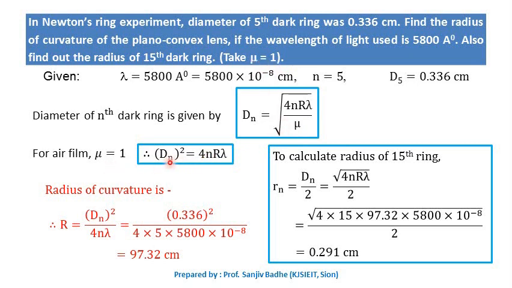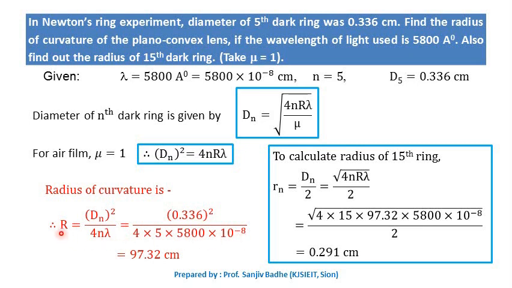So we can write dn square from this relation to be equal to 4 n r lambda. So the radius of curvature of the plano-convex lens can be written from this relation as dn square upon 4 n lambda. All the values are given to us. Dn is equal to 0.336, n is equal to 5, and lambda is equal to 5800 into 10 raised to minus 8 centimeters.